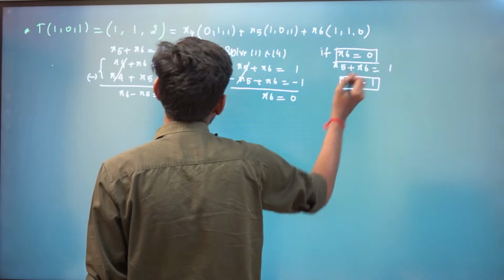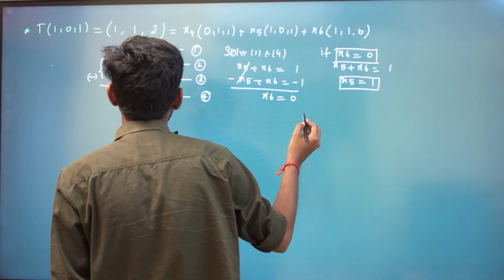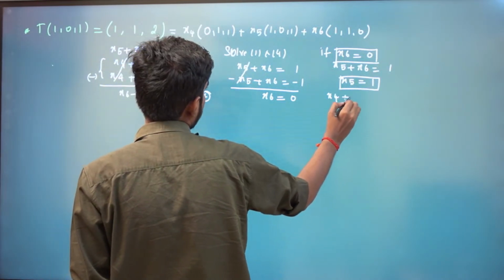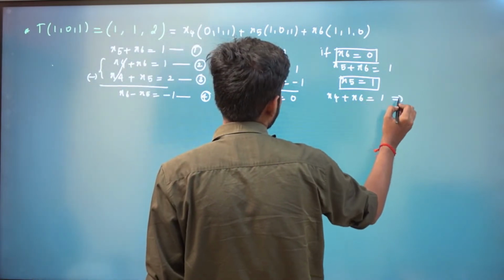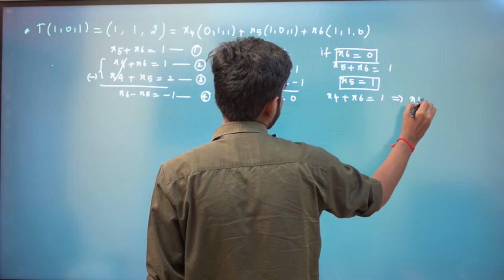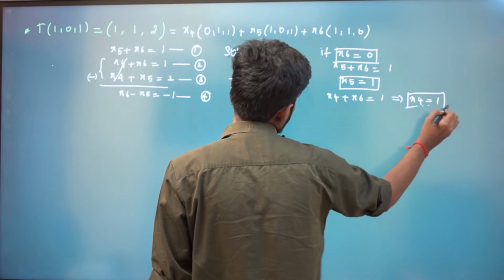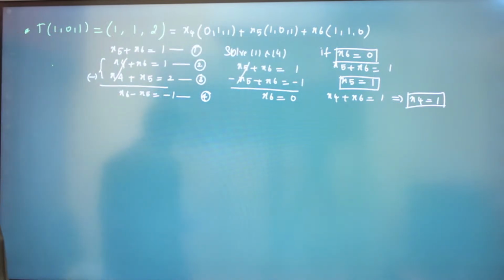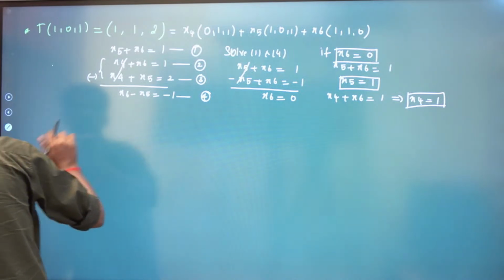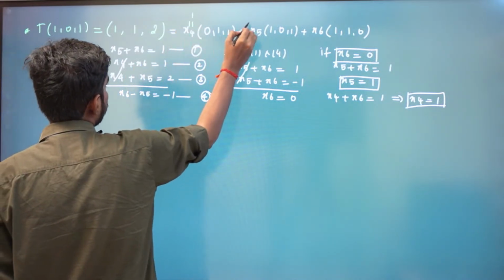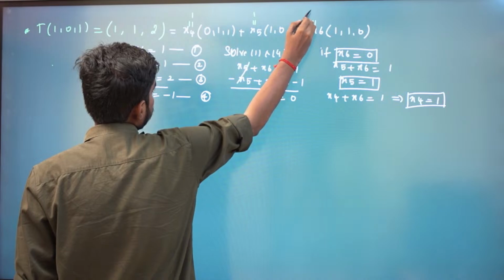What about x4? x4 plus x6 is 1 and x6 is 0. That means x4 is 1. So our x4, x5, x6 are given by 1 comma 1 comma 0.